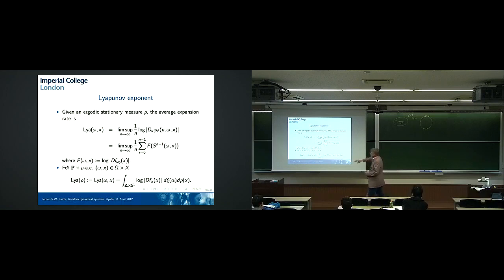And so this is basically a measure of measuring along the orbit, and it should then be equal to the average over the measure. And that's precisely what we get here. And so we get the expansion of the Lyapunov exponent in terms of the invariant measure here.